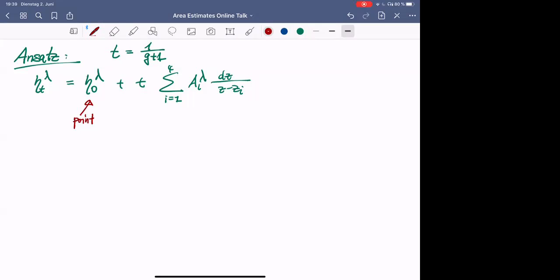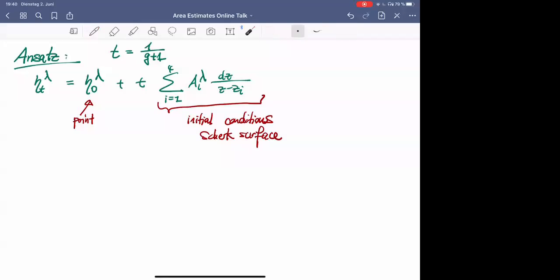It's a constant. It's almost 0 for the 3 components here. It's a matrix, right? And here's just some constant. And those are the initial conditions, or actually the sharp surface, so without the T. So that's basically what it means. You start at a point, and then T times, in first order at least, is the sharp surface.